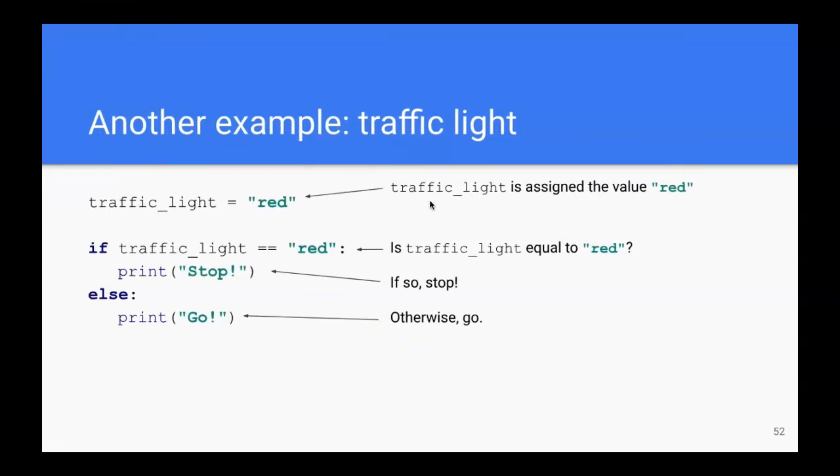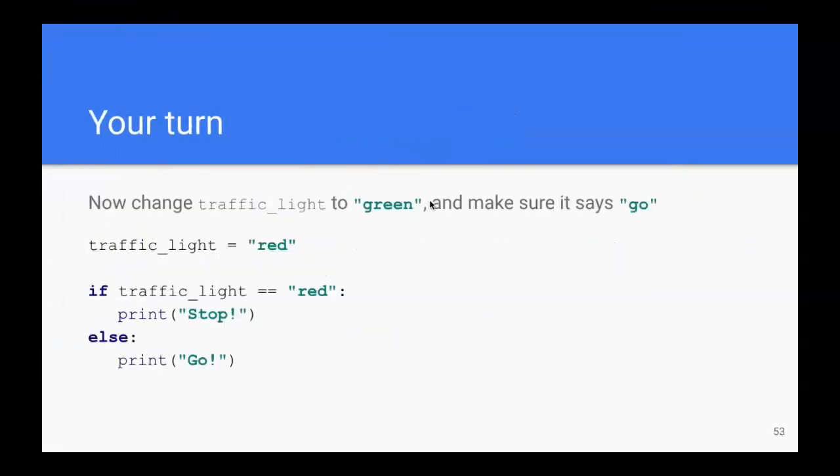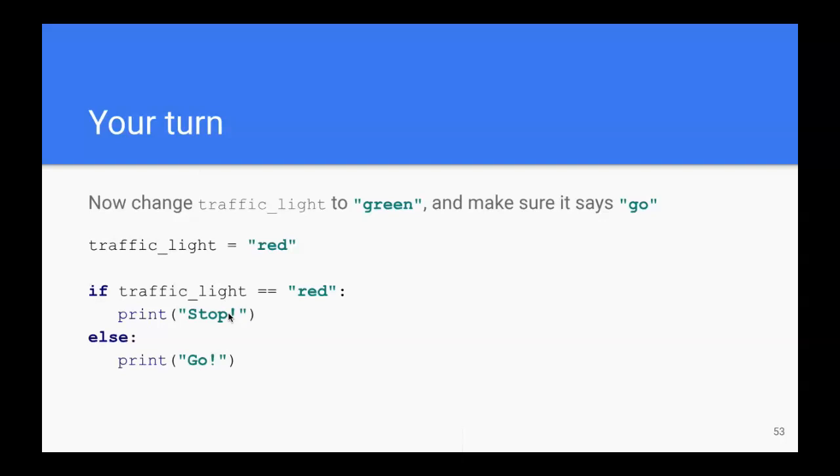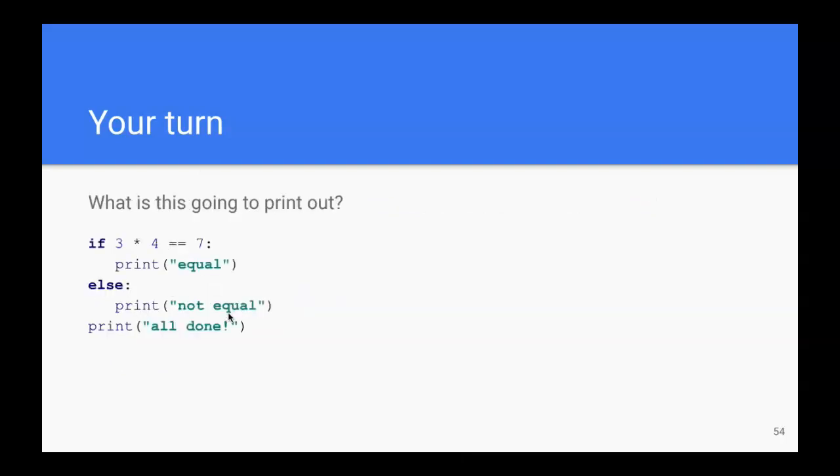Now, before I go on further, you probably want to try this example and change the traffic light to green, and just make sure now we can go rather than stop. Okay, and actually one more exercise.